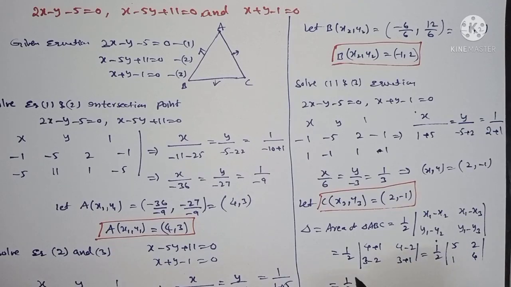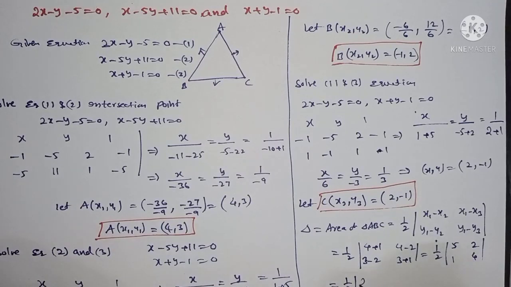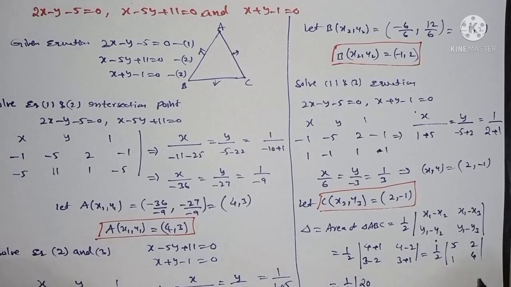Therefore 1 by 2 of mod of, we can do cross multiplication here, 5 4s are 20 minus 2. Therefore 18 by 2 is equal to 9 square units.